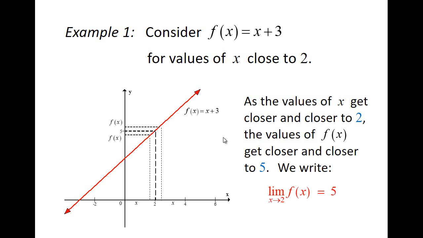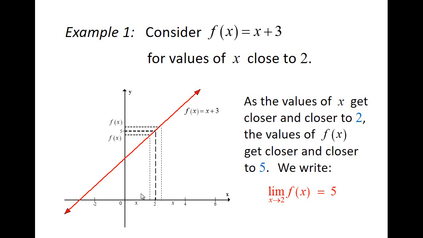So this idea that as x gets closer and closer to 2, f of x gets closer and closer to 5, is expressed in this notation here. The way we read this notation is: the limit of f of x as x approaches 2 is equal to 5.